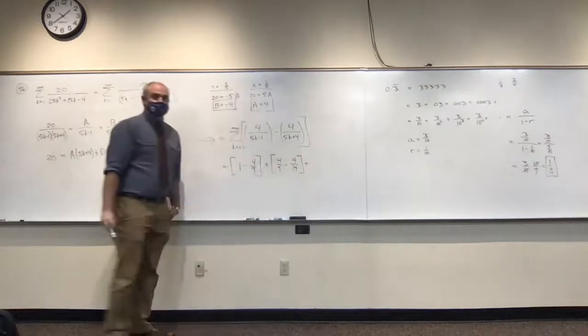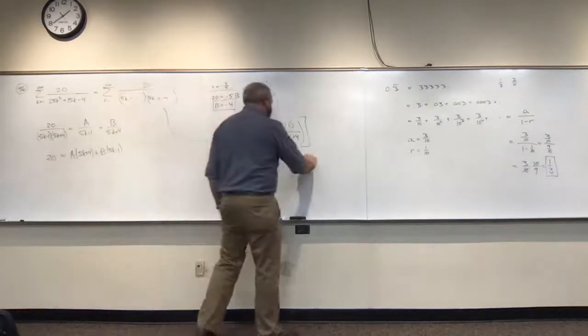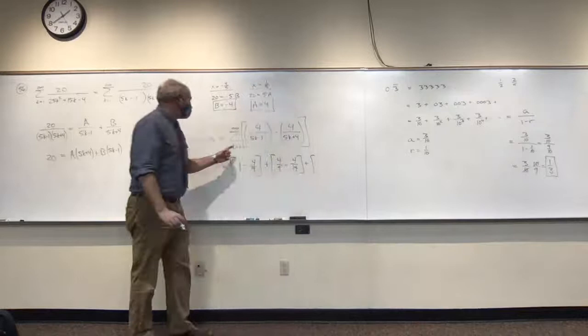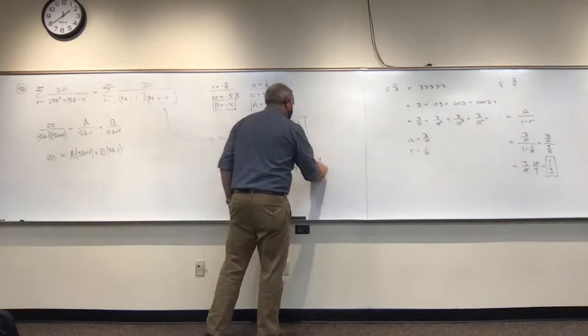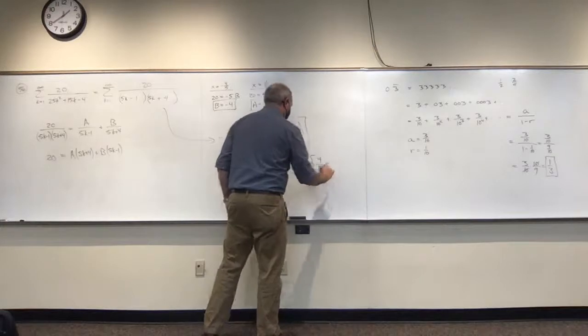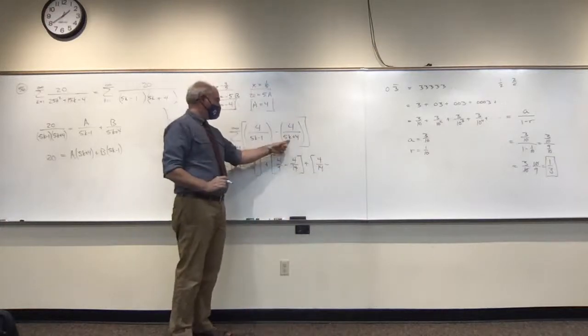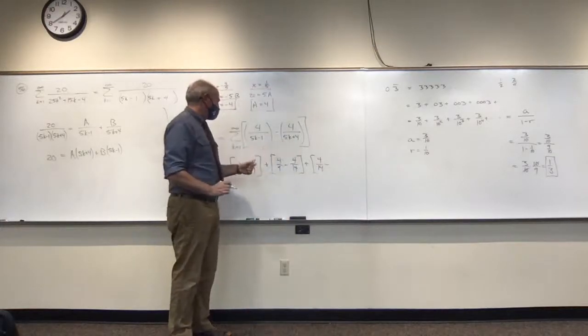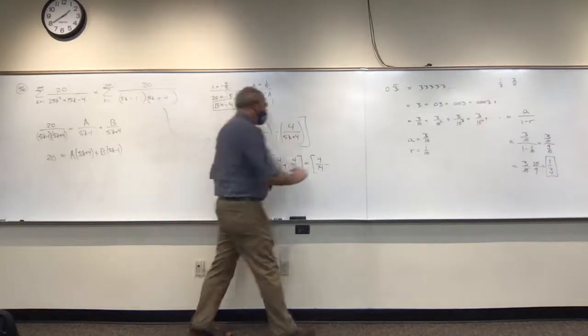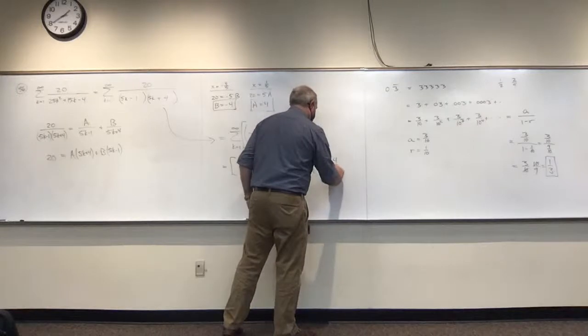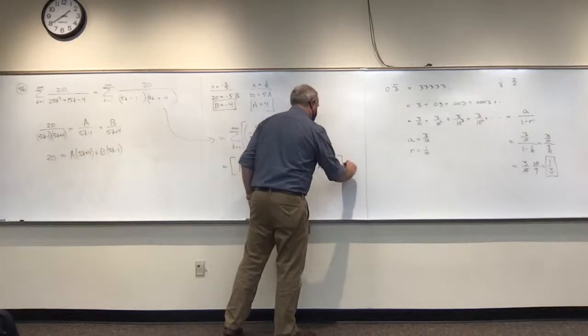Let's do the next one. Plug in 3, I get 4 over 14, minus 4 over, let's see, I'm plugging in 3, 15 plus 4 is 19, so 4 over 19.